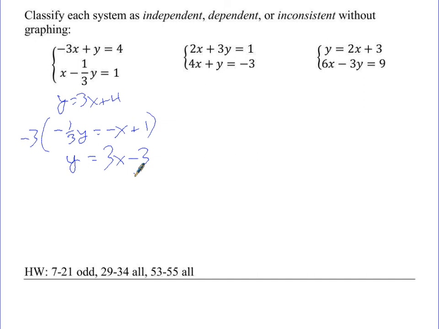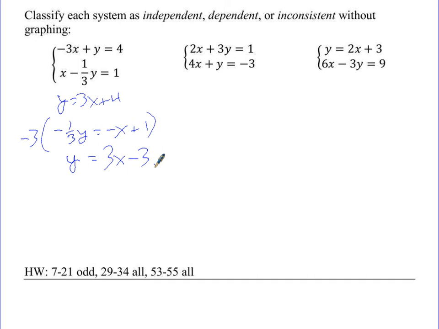All right, my two equations are in slope-intercept form. Look at the slopes. What are they? Same or different? They are the same slope. So that means I'm either talking about infinitely many solutions or no solution. Look at the y-intercepts. I have the same slope, but I have different y-intercepts, which means that these lines are, if I graph them, they are parallel.